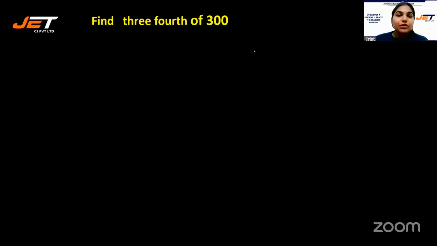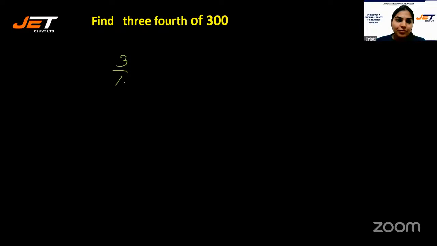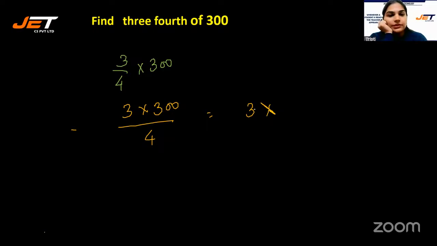Now find 3/4 of 300. So 3 by 4 of 300. 3 times 300 it is, in the denominator 4. Okay, wait. Yeah, do it.